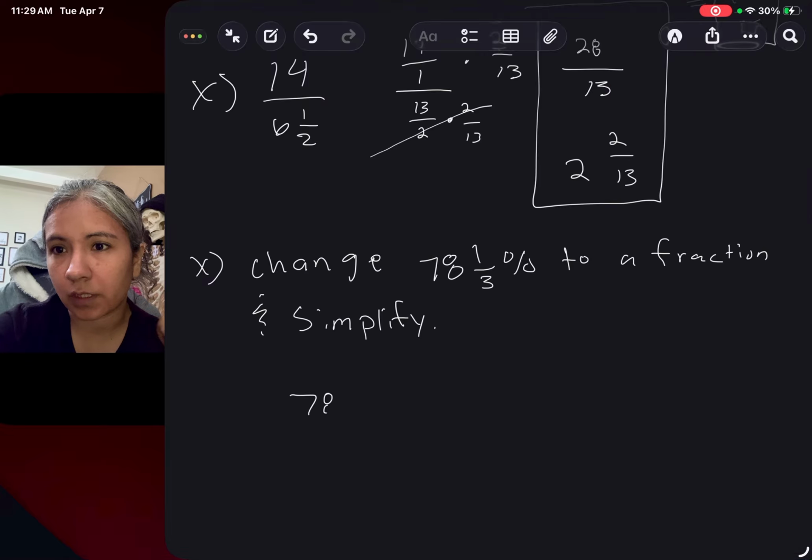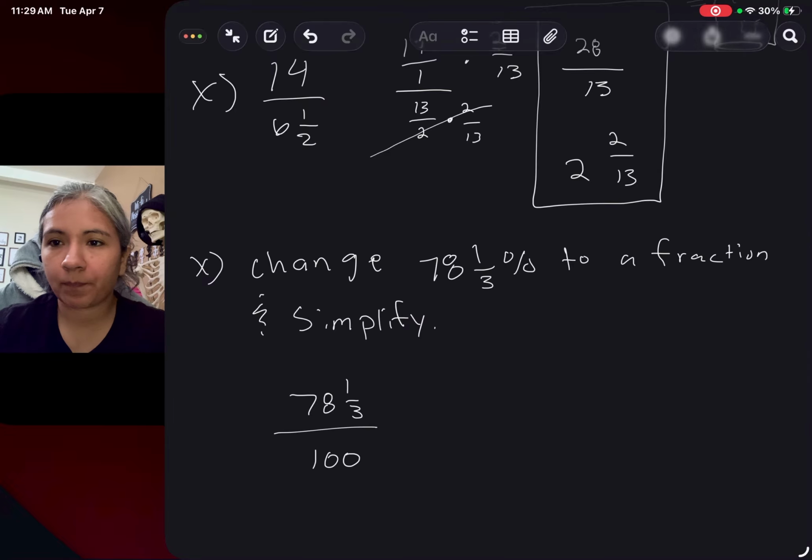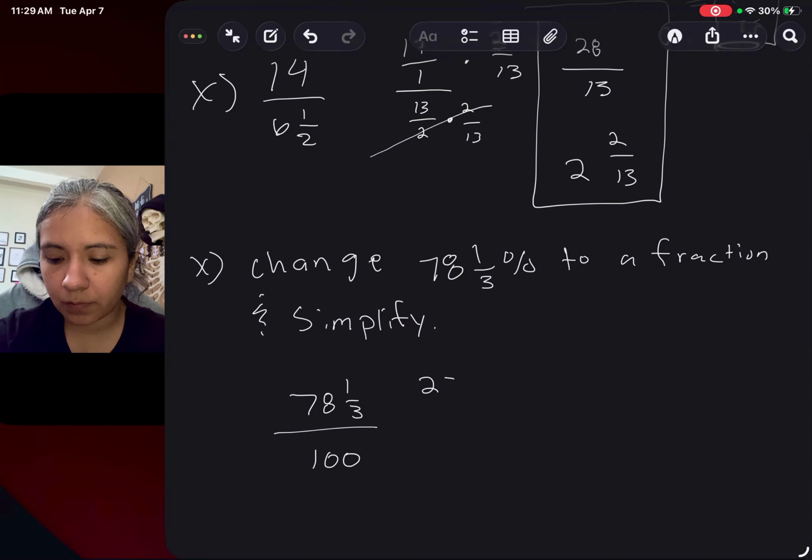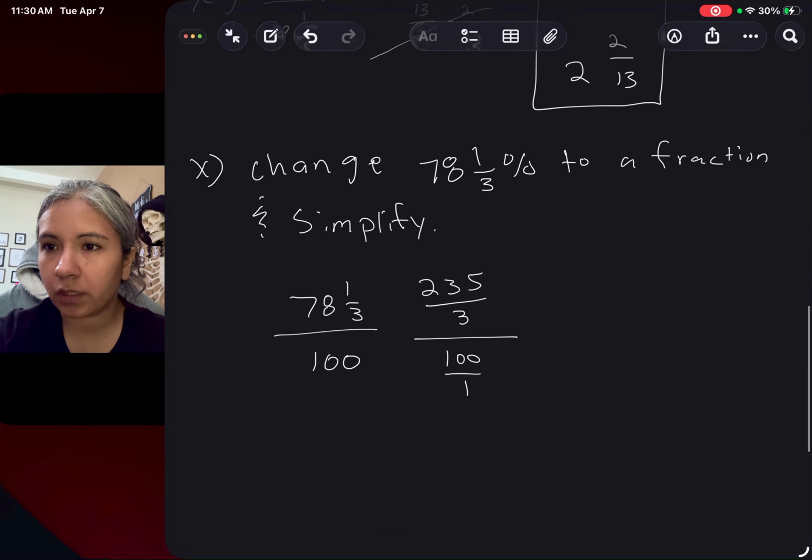So we have 78 and 1/3 over 100. But we want to change these two, right? 78 times 3 plus 1 is 235. 235 over 3, and we have 100 over 1.